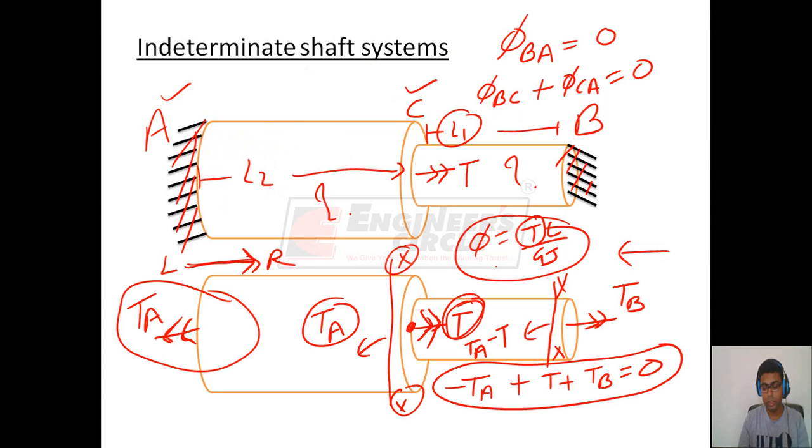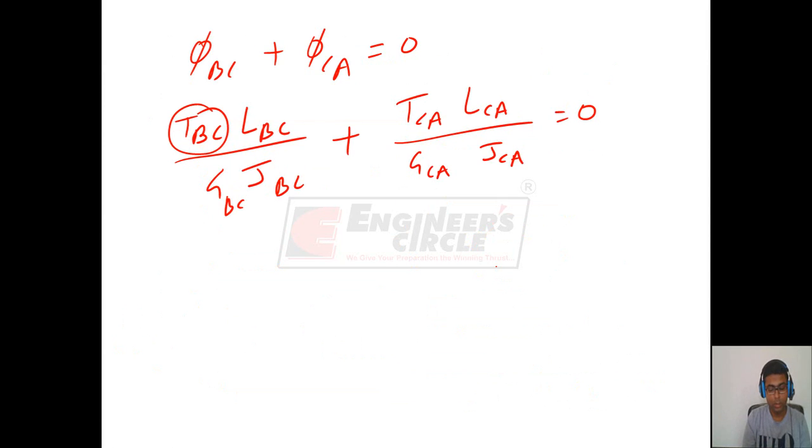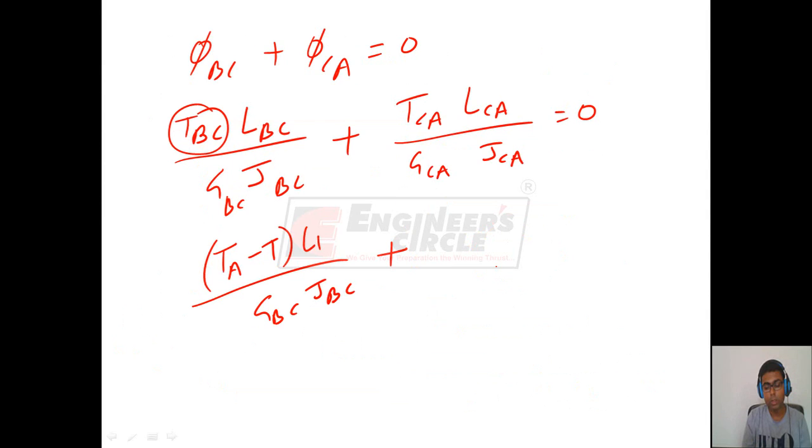The torque in portion BC is TA minus T and its length is L1. So we put it here: (TA minus T) into L1 by G of BC into J of BC, plus the torque in portion CA, which was found to be TA, into length L2 divided by G of CA into J of CA, is equal to 0.